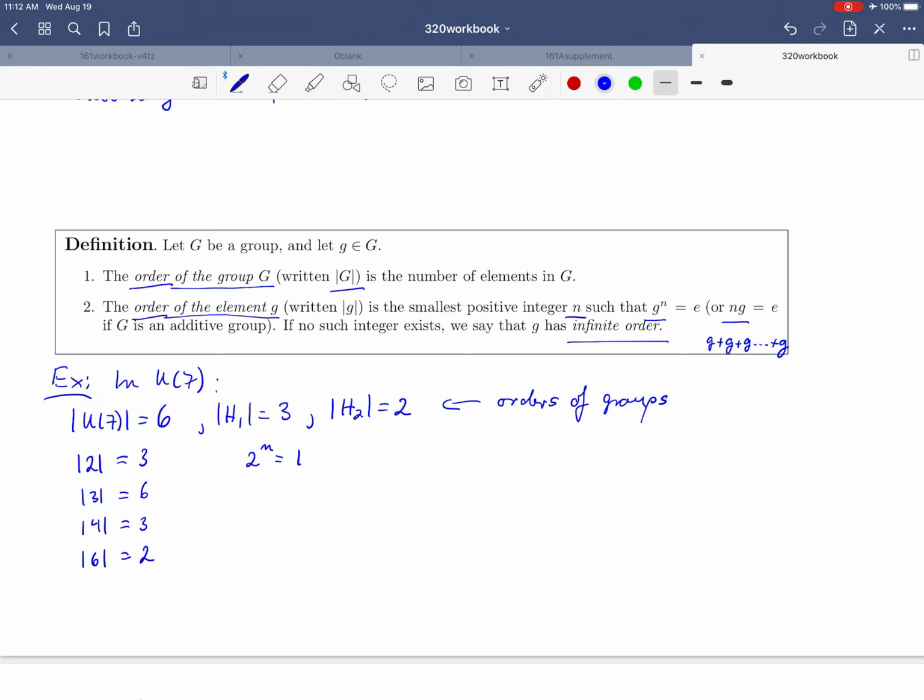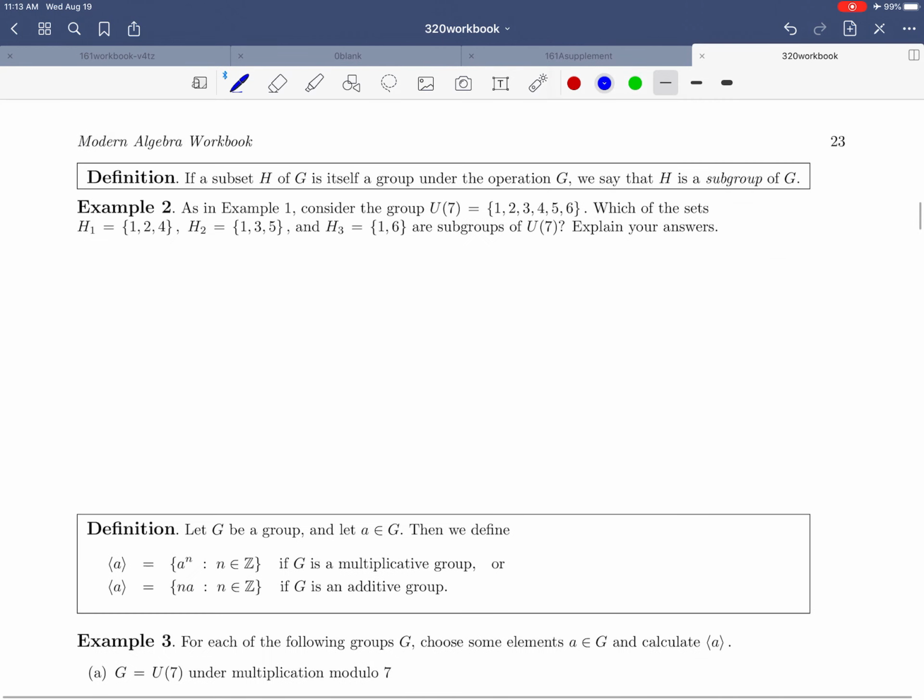You can convince yourself that that's the case. And so that is the order of an element. You'll be doing a lot of exercises with this. We will be using this a lot, so hopefully it will become familiar to you. So over here we are talking about the orders of elements. That's the important thing: the order of the group is very different from the order of an element of the group.